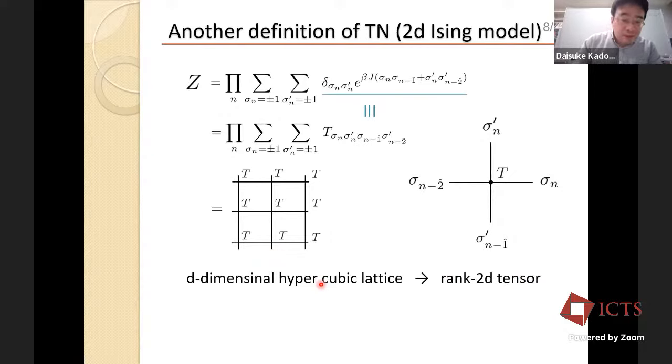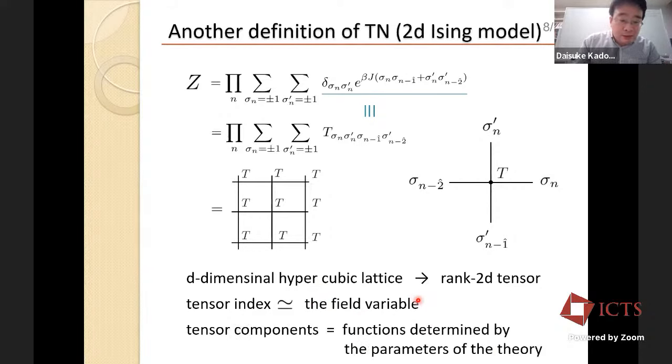And the tensor index is basically given by the field variable itself. And the tensor components are functions determined by the parameter of the theory.